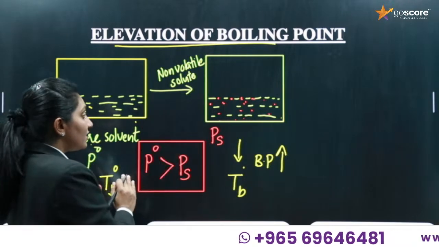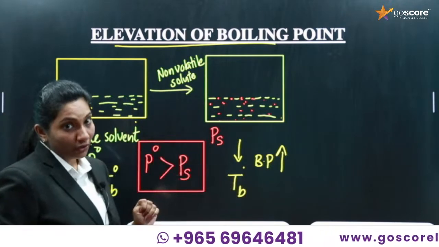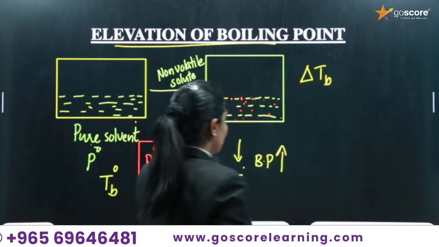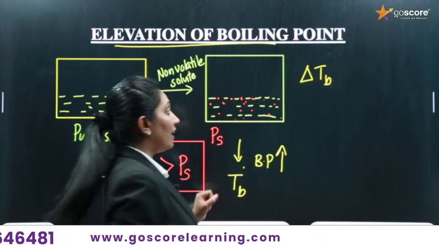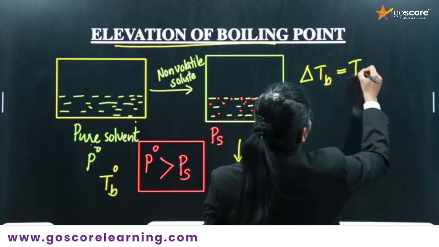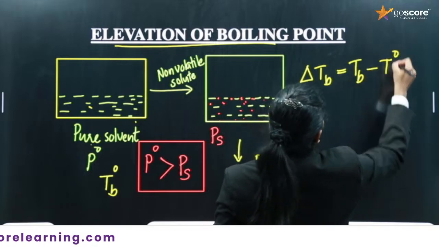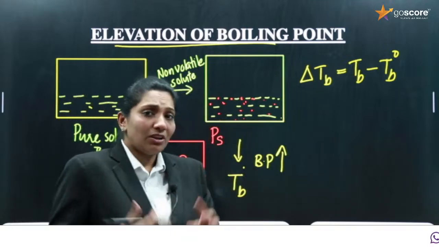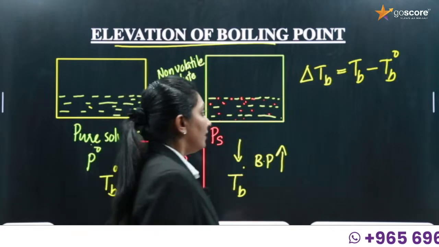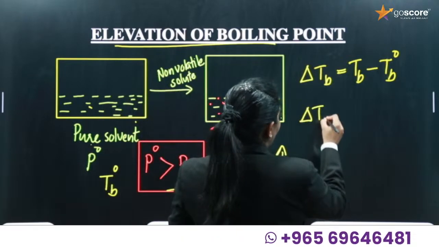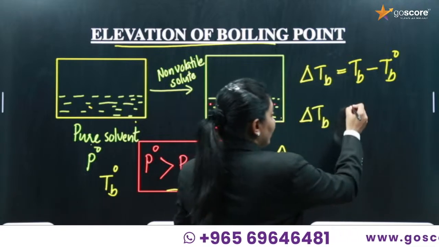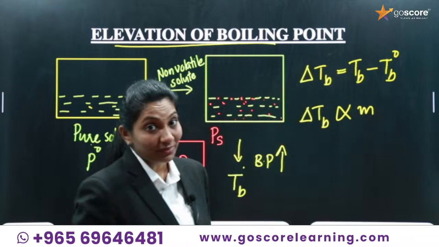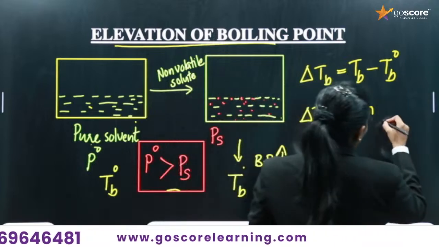So there is an increase in the boiling point, a change that we represent with delta TB, and this delta TB is equal to the boiling point of the solution minus the boiling point of the pure solvent, right? With a lot of experiments, it is proved that the change in the boiling point, delta TB, is directly proportional to m, that is molality.